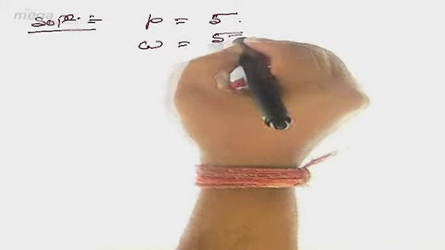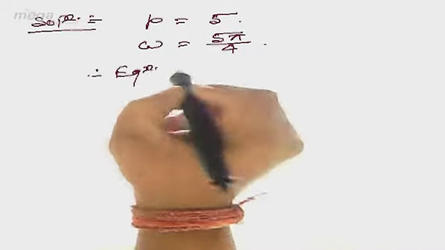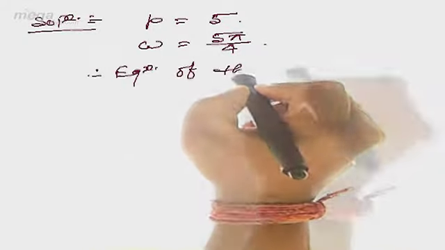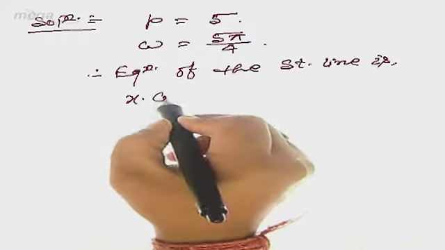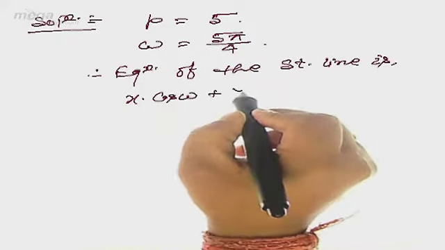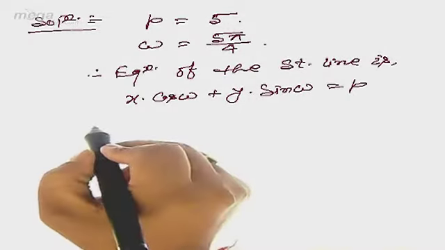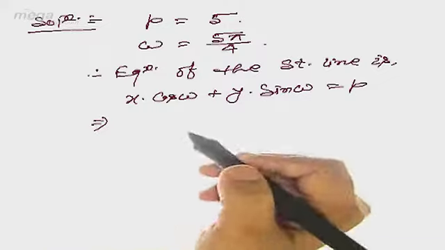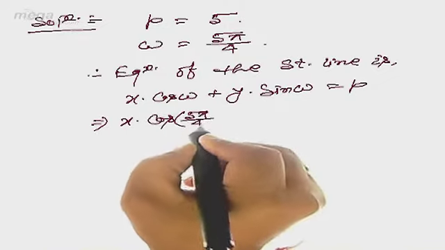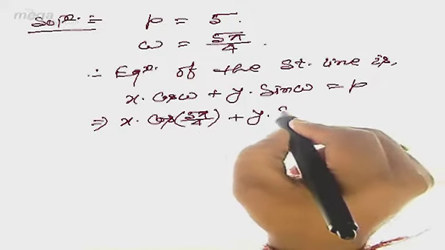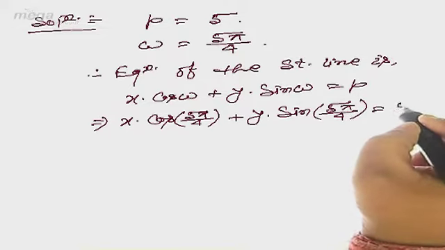is given here 5 pi by 4, and so using the formula, the equation of the straight line is x cos omega plus y sin omega is equal to P, and then we'll substitute the values of P and omega as x cos 5 pi by 4 plus y sin 5 pi by 4 is equal to 5.